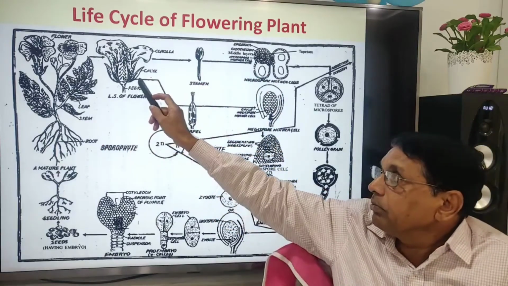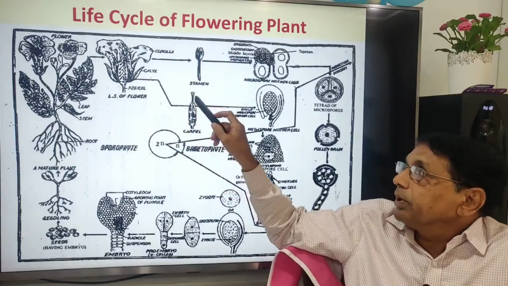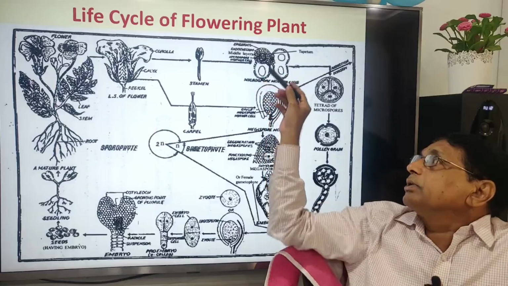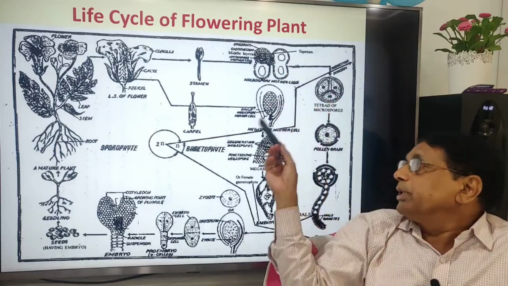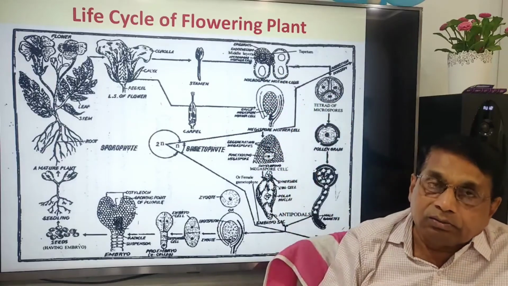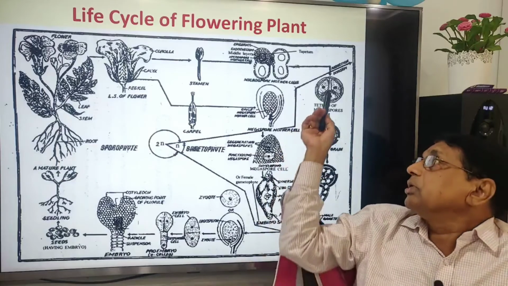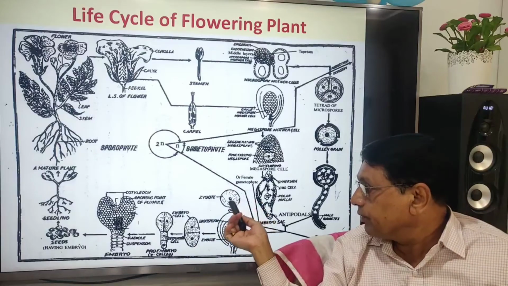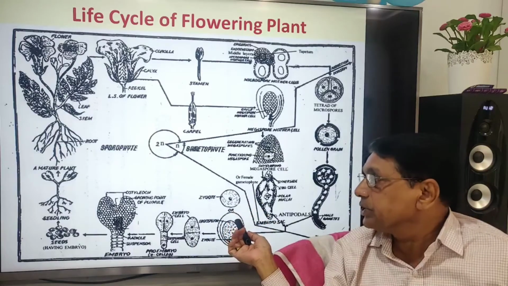Plant diploid, flowers diploid, stamens diploid, carpels or pistil diploid, anthers diploid, ovule diploid, but later on, meiosis divisions, these are haploid. Again, the diploid stage after fertilization, zygote formation begins here.